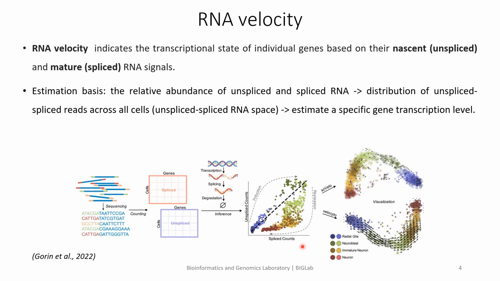And there is a typical workflow that is usually used, starting with a set of reads that is converted to a matrix with cells and genes, derived from spliced and unspliced mRNA molecule measurements.